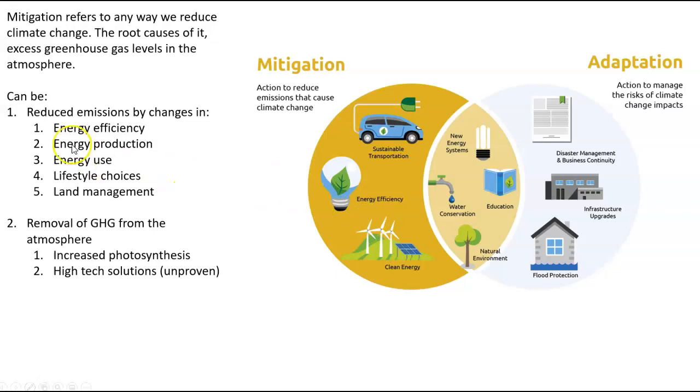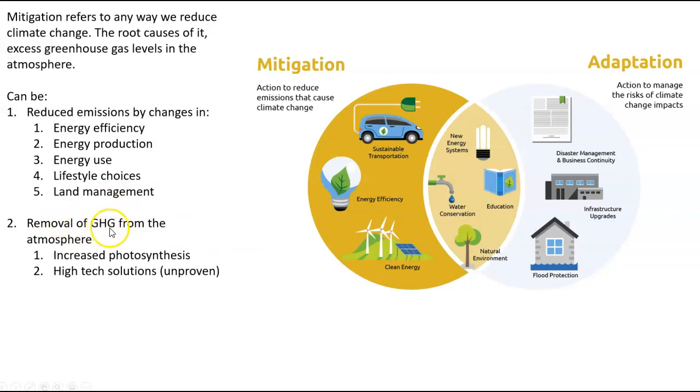There are many ways we can do this, by changing energy efficiency of, for example, light bulbs, to LEDs, and the insulation of our houses, things like that, which energy production systems we use, how much energy we use through lifestyle choices, and how we manage the land to promote carbon sinks and remove carbon sources, through, for example, deforestation.